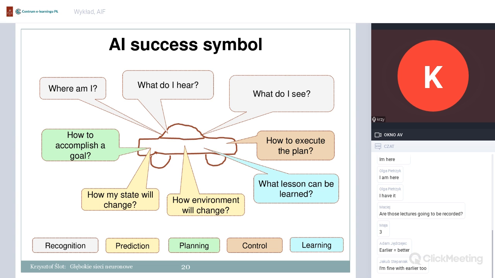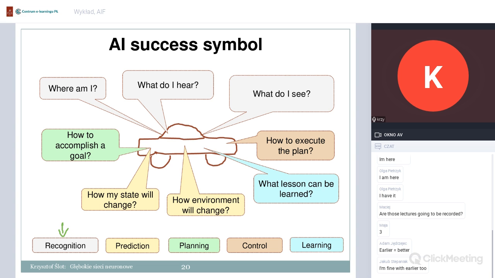A symbol of a success of AI right now, or maybe not right now, a year or 2 years ago, were autonomous cars. Autonomous cars were equipped with systems that had to cope with different kinds of intelligent tasks. The first task was recognition.